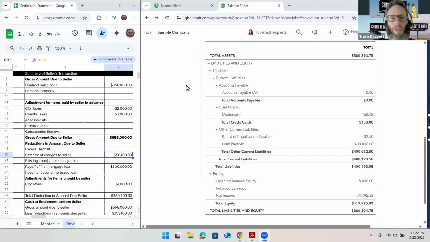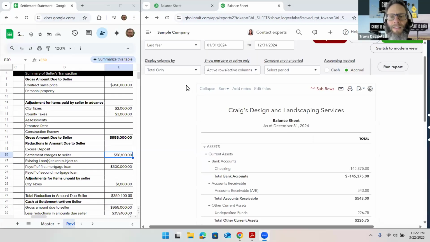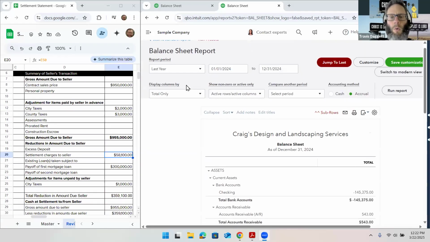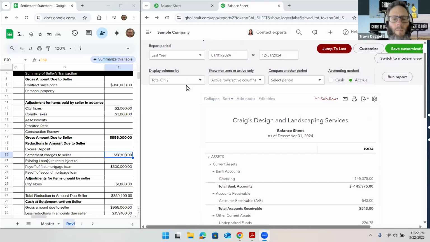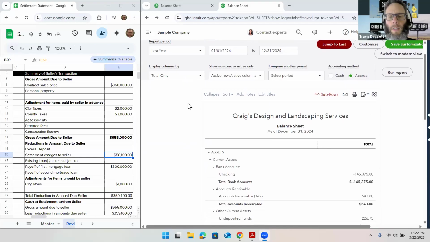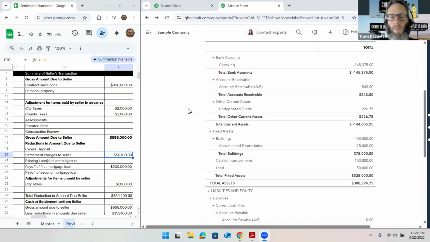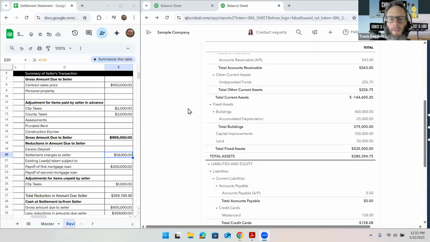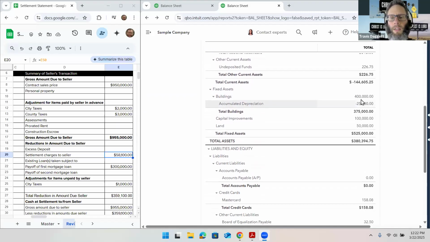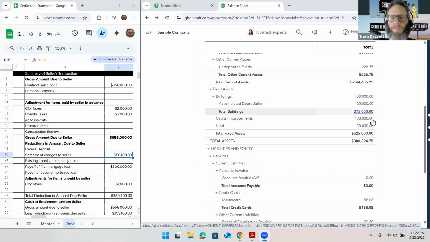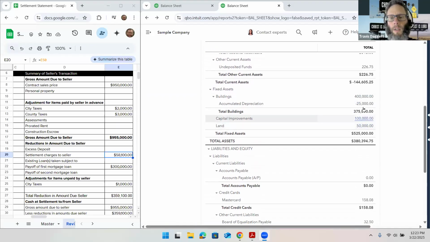Let's look at the balance sheet as it stands now. So this is at the end of the prior year. And specifically, we're going to look at fixed assets. So we have our buildings, we have depreciation, our improvements, and our land.